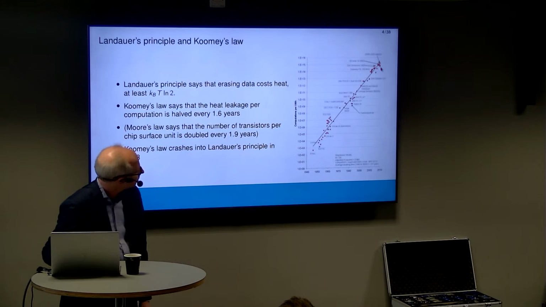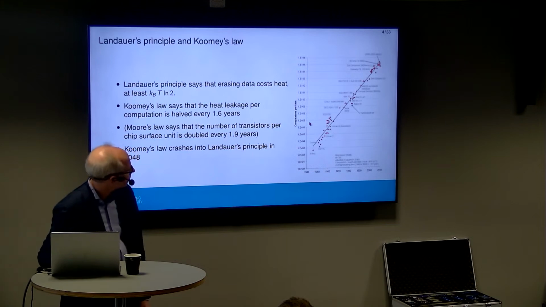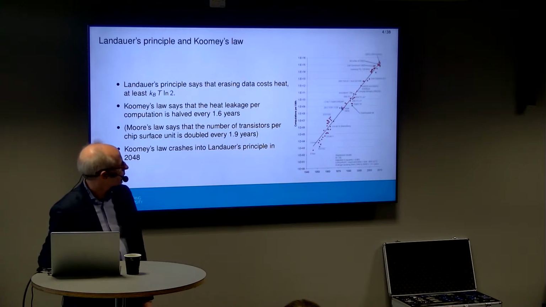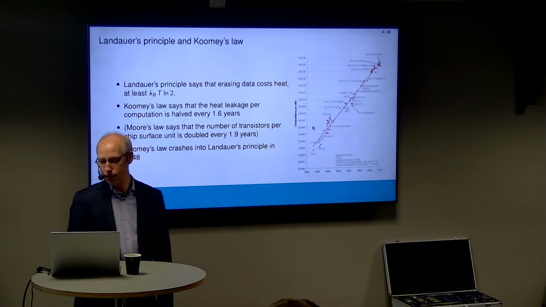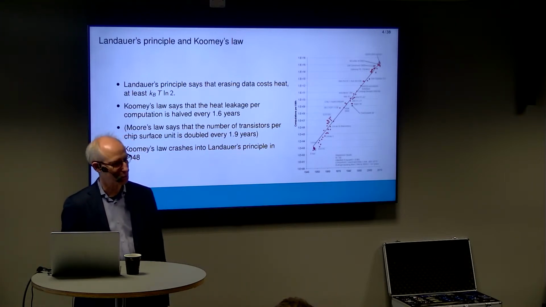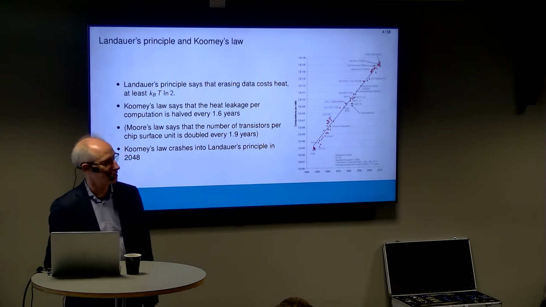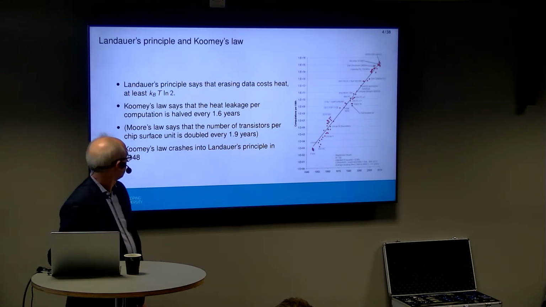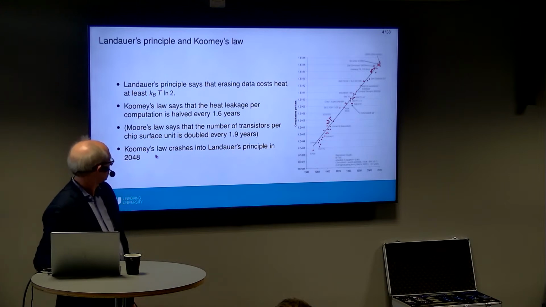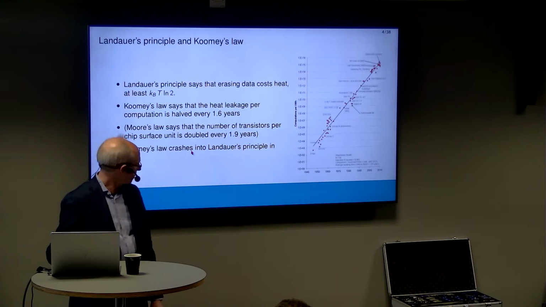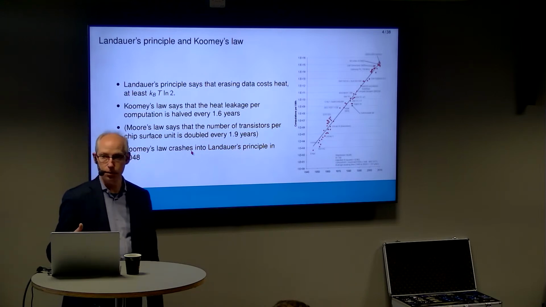Interestingly, this is a straight line, so it's a log axis on the y-axis. So it's an exponential decrease in the energy, and it begins in the 40s, so before the transistor, which is neat. Koomey's law crashes into Landauer's principle in 2048, so not so far from here.